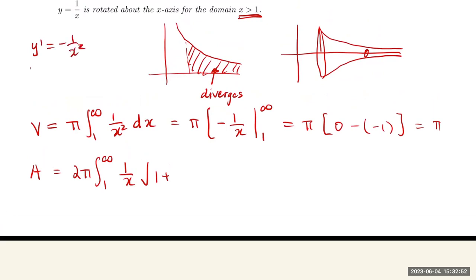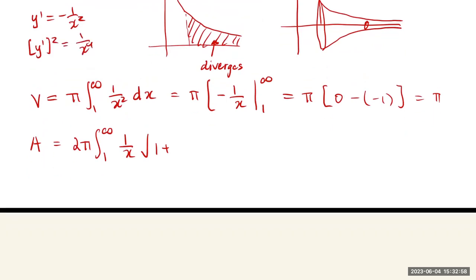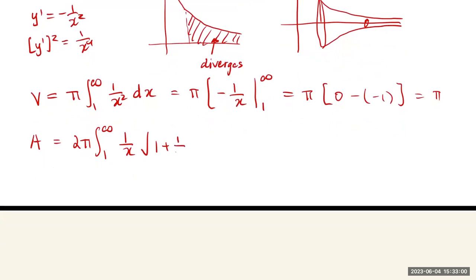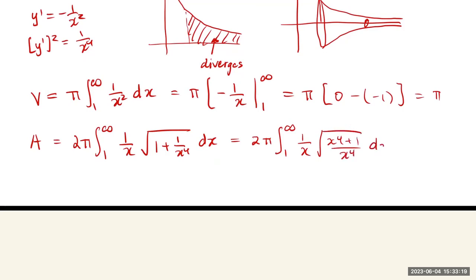That means the whole thing squared is just going to be 1 divided by x to the 4th. Okay, so we have 1 plus 1 divided by x to the 4th dx. This is equal to 2 pi times the integral from 1 to infinity, 1 divided by x, multiplied by the square root of x to the 4 plus 1, divided by x to the 4, dx.